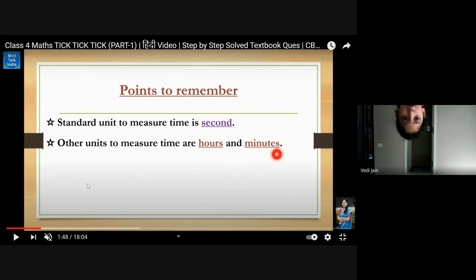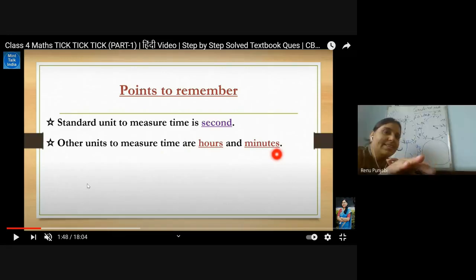Ma'am, 3,600 seconds. Excellent. 60 minutes multiplied by 60 seconds. 60 multiplied by 60 is 3,600 seconds.